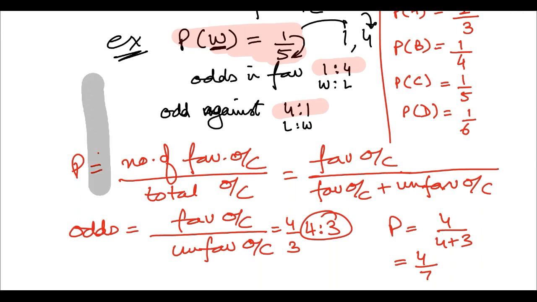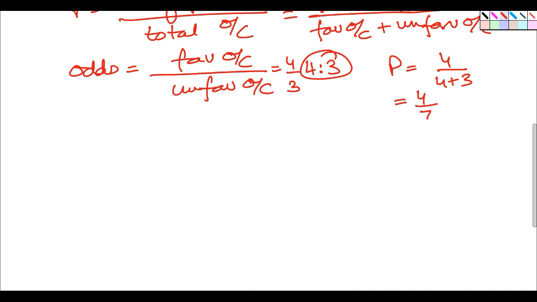any odds into probability. Now before we proceed further, let us take a couple of very small tiny questions of converting odds into probability and probability into odds. Here we have, we'll change the color to keep it separate.